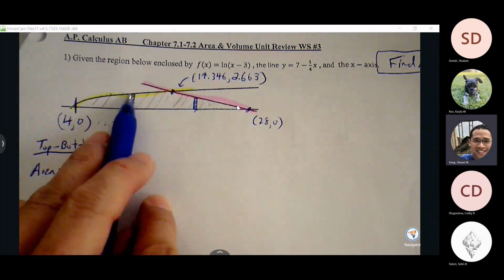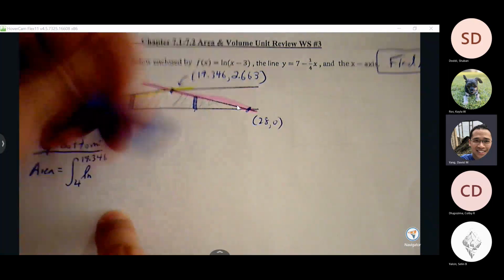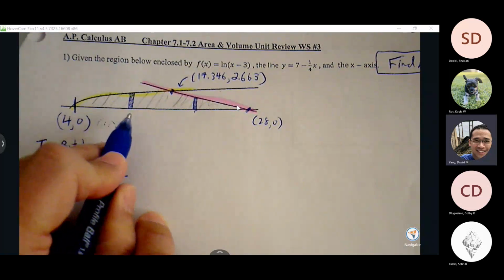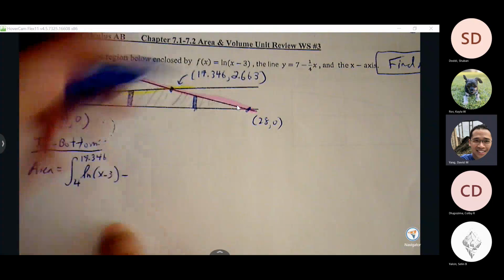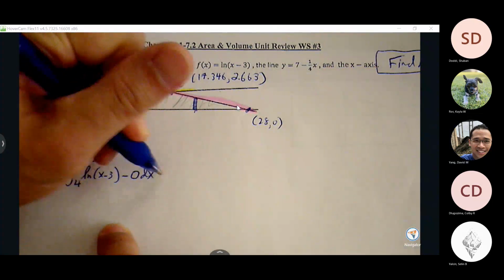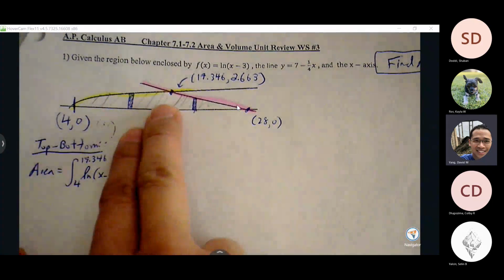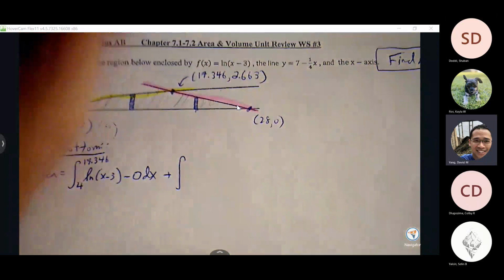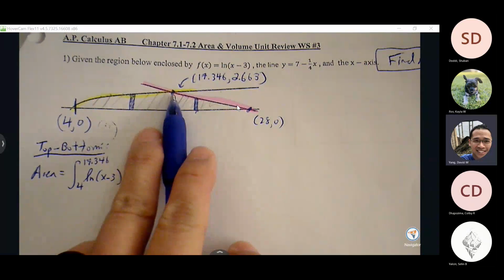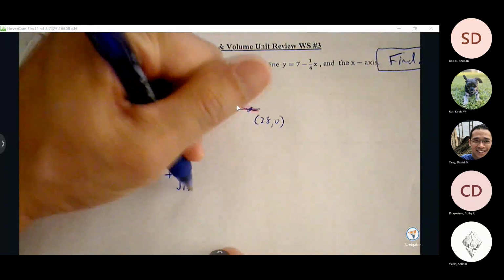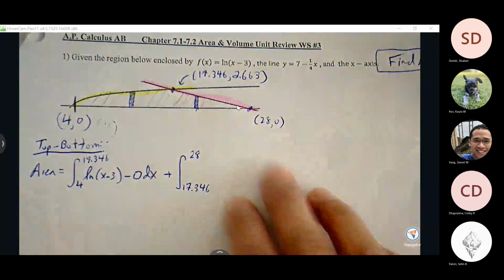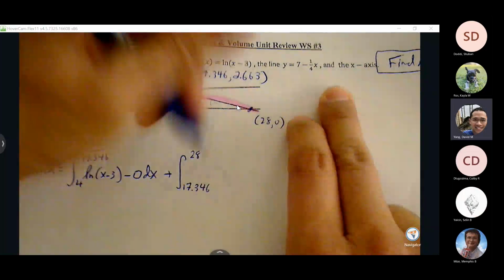The top of my rectangle is touching the natural log graph. Minus, okay, top minus bottom. The bottom of my rectangle is touching the 0. Okay, that will only give me a portion of the region. I still want the other portion with the linear graph. So that's the integral from 17.346 to 28. Top minus bottom.